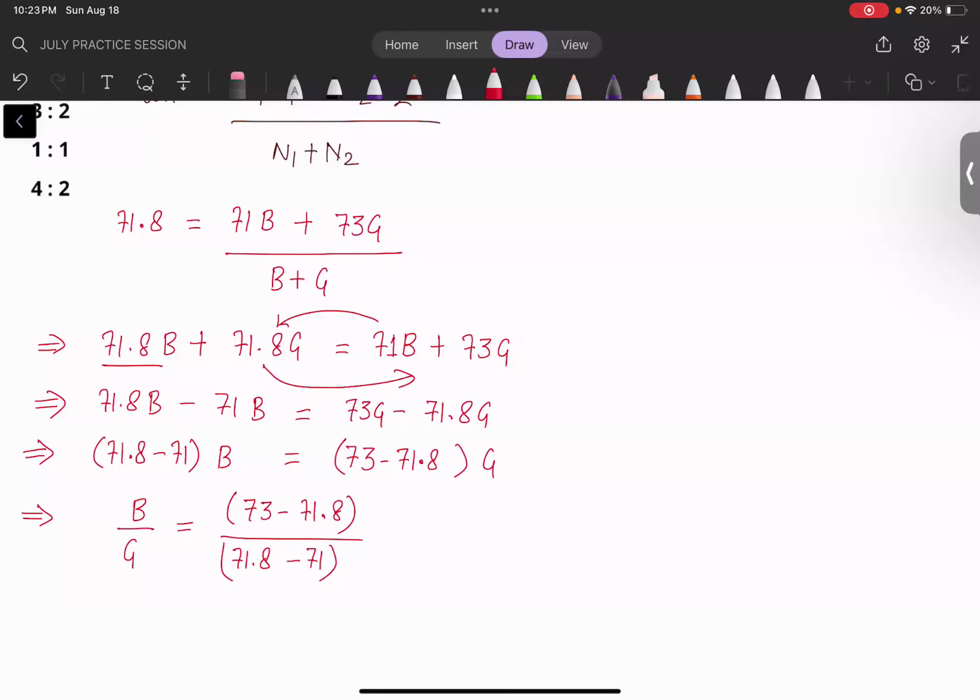Please tell me. 73, 71.8 and 71. Are these values not given in the question? Yes, they are given or not? These values are present in the question, yes?